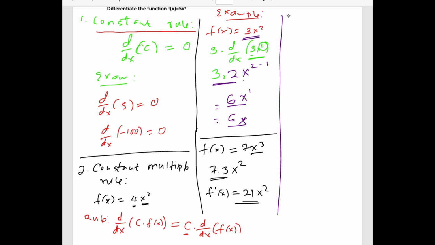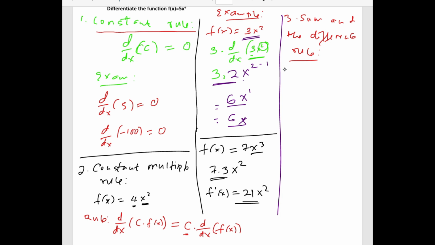Our third rule is what we call the sum and the difference rule. This one is for a function that has different terms.